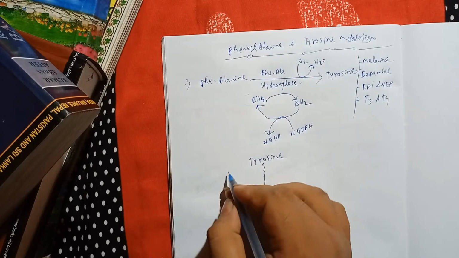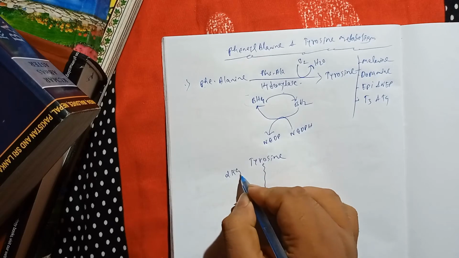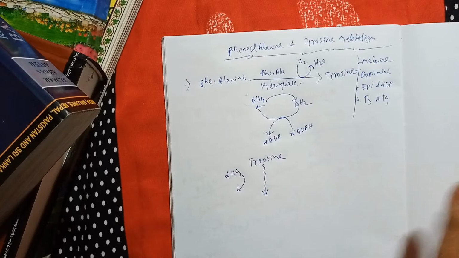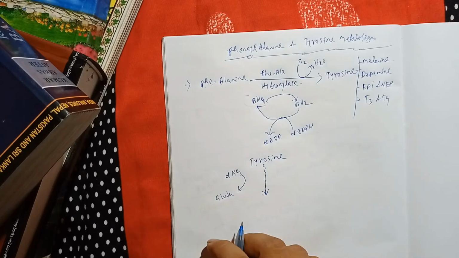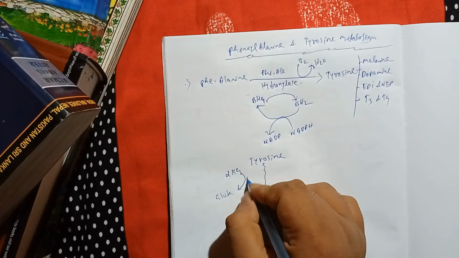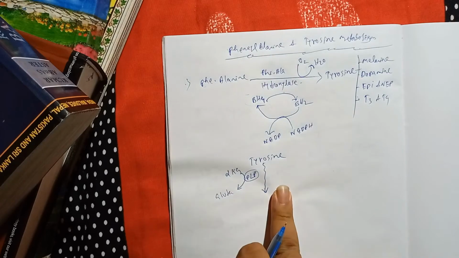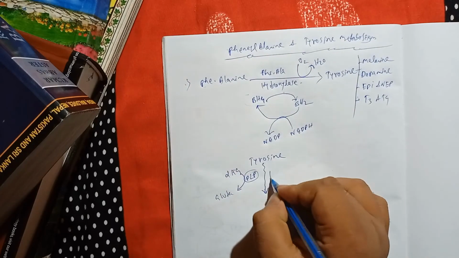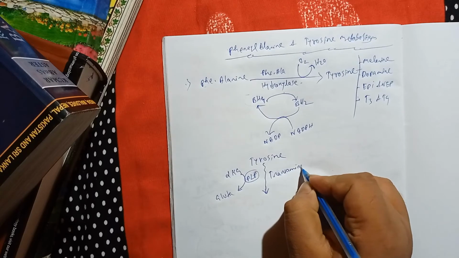First of all, we know that when alpha ketoglutarate is getting converted into glutamate, there is an enzyme with pyridoxal phosphate as part of it. So what type of enzyme is it? It is a transaminase enzyme.